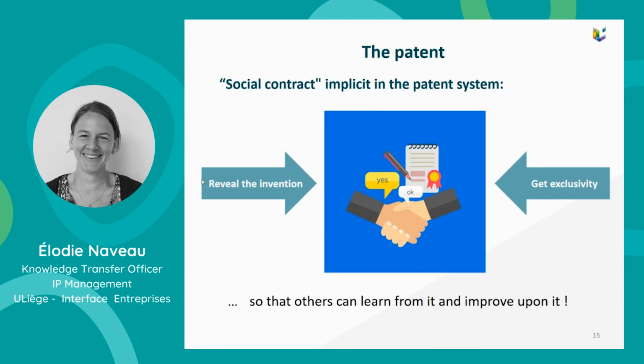And for you as a researcher, when you want to have new ideas for your research, you can search into the patent database, and you will see that it is an important source of knowledge. And the inventor, in return, gets exclusivity for his invention.